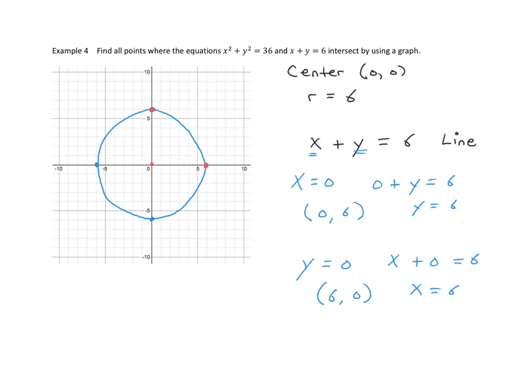If I try to sketch the line that goes between these 2 points, I get this thing here. I can see from the picture there are only 2 solutions. There's only 2 places where these 2 equations meet. One is at the point (0, 6), and the other is at (6, 0), and I can see that there are no others, and that is it for this problem.